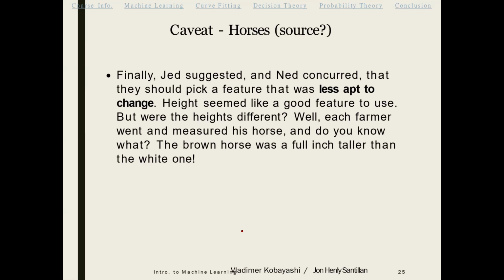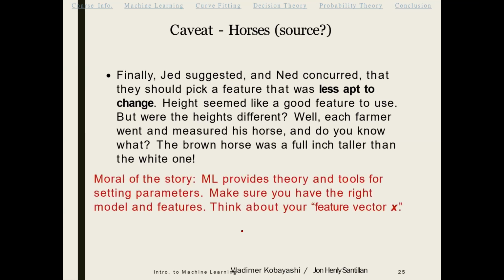So they are not good for discriminating objects. Okay? So ML is really on defining good features and models. If you don't have good features, if you don't have a good model, then you'll fail.